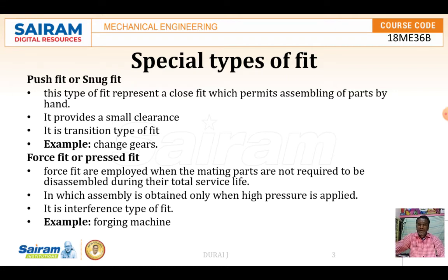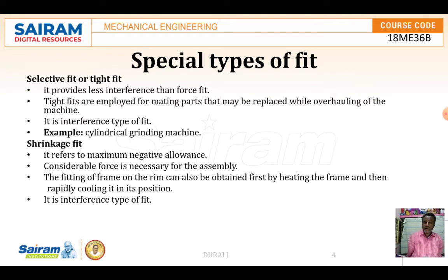While joining the hole and shaft, it requires some external force, like a hammer or some other force applied on the shaft, and only then will it join. It comes under the interference fit. An example of this is the forging machine, which requires external energy to join both the hole and shaft.